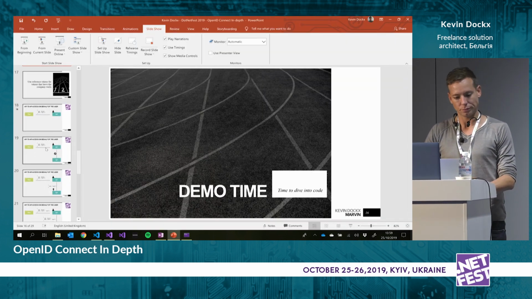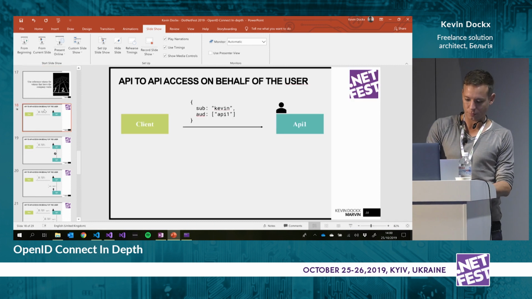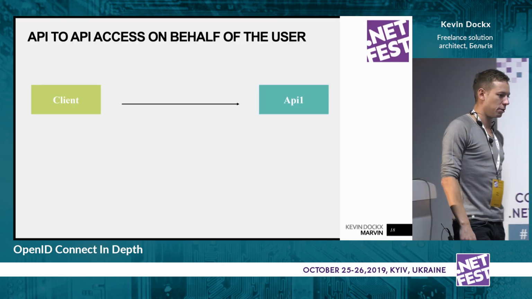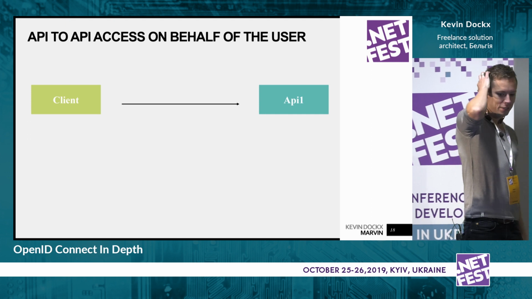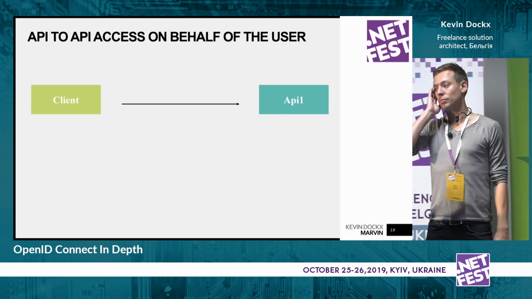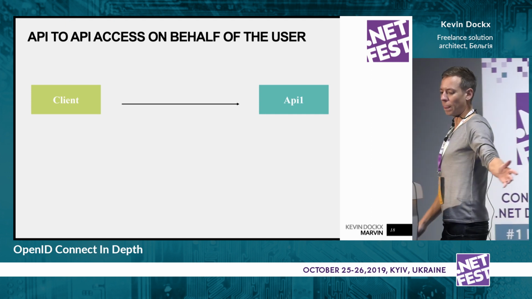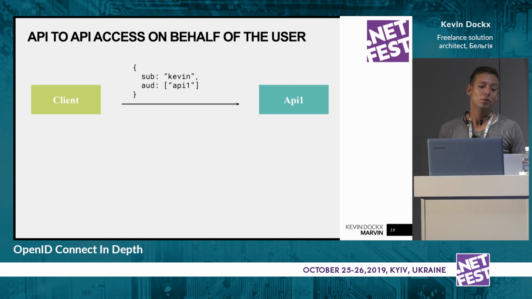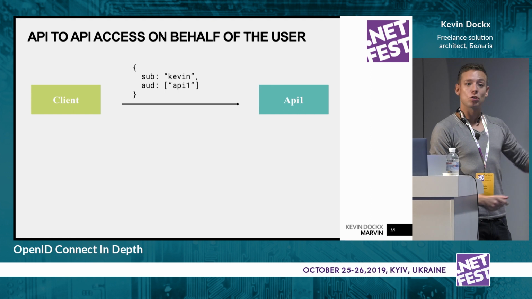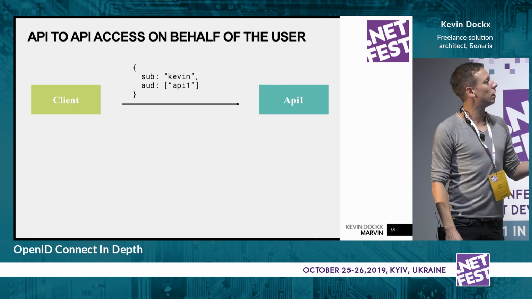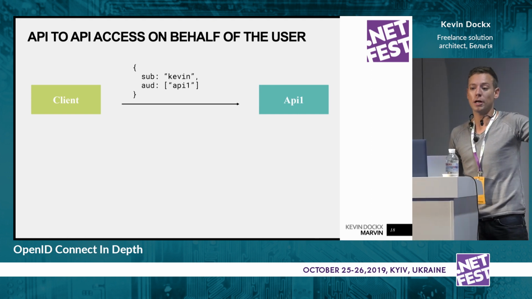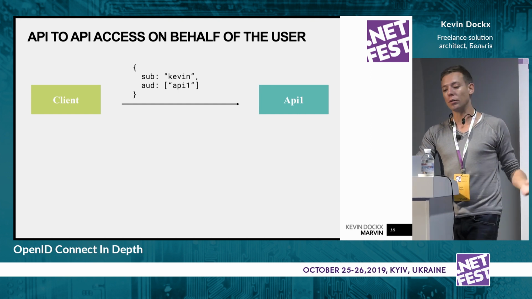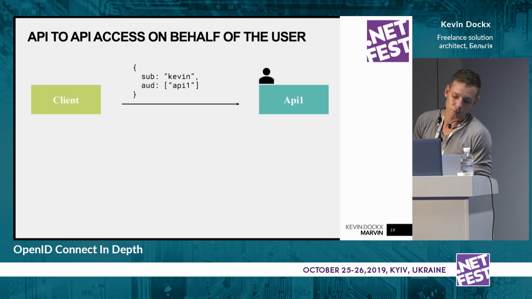All right? Last part, and I kind of like this part, is API to API access on behalf of the user. So imagine this use case. A client application needs to talk to an API. We get an access token. The sub-value is the user identifier, and it has an audience of API 1, which means API 1 will allow access to it.